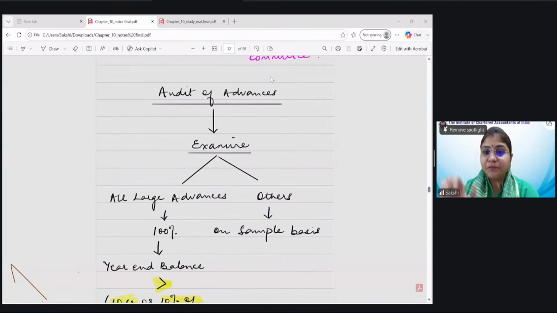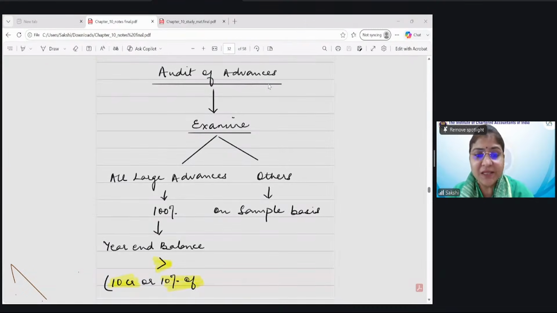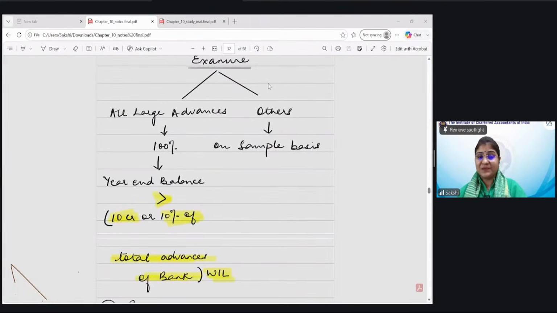There are majorly two kinds of advances. One is large advances and others. As an auditor, you have to examine all the large advances. You can't take a sample. All the large advances have to be examined in detail, and others can be dealt with on a sample basis. So what are large advances?